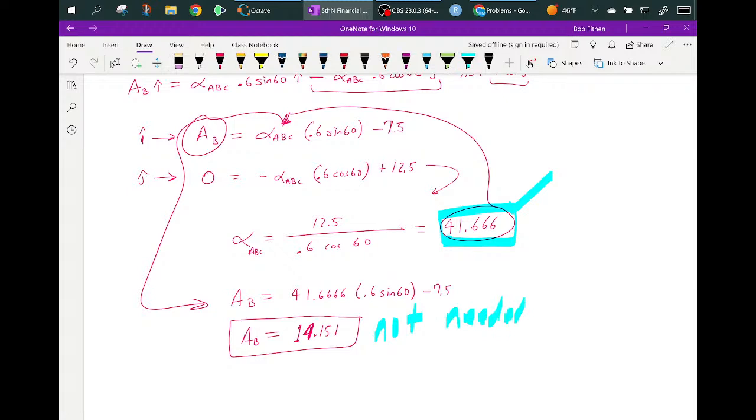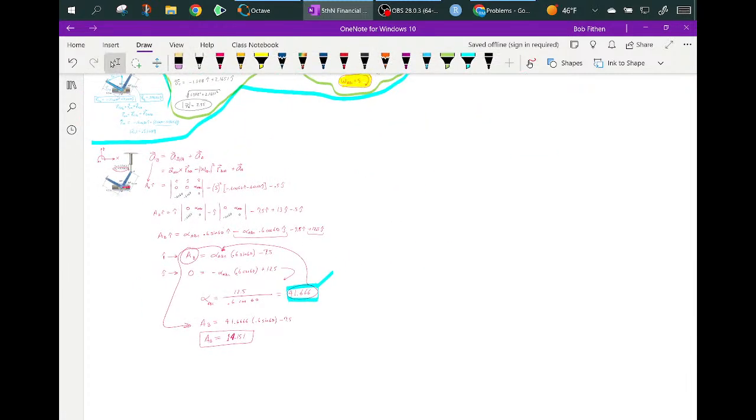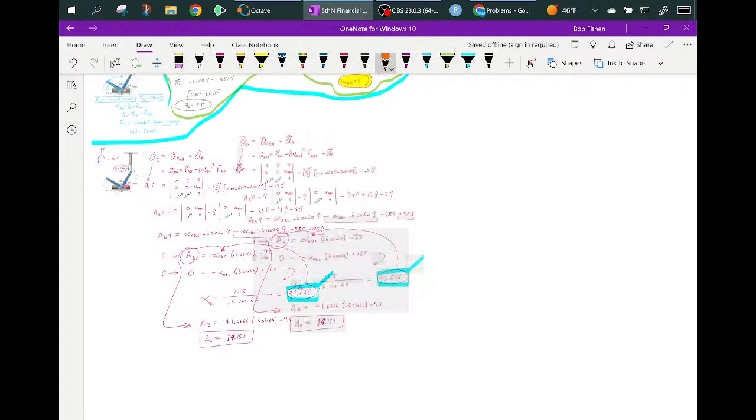So let's go ahead and wrap up with finding the last part. In essence, we can do this, and we'll just move it to the right.